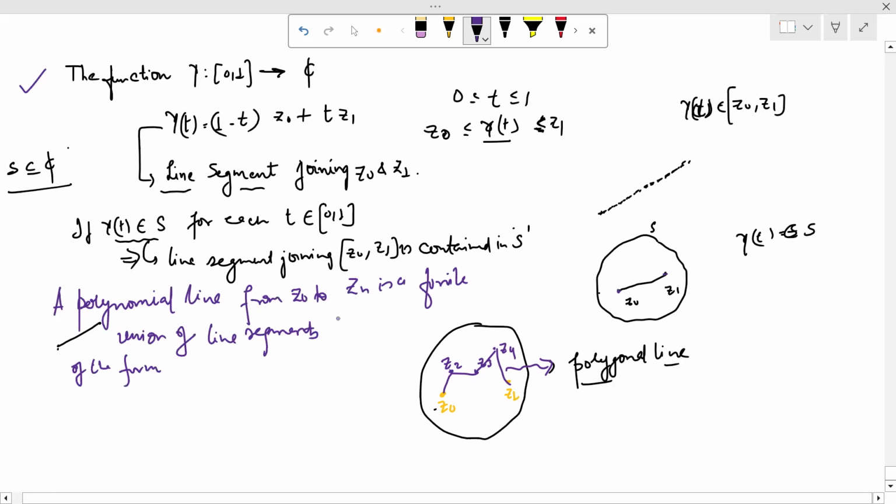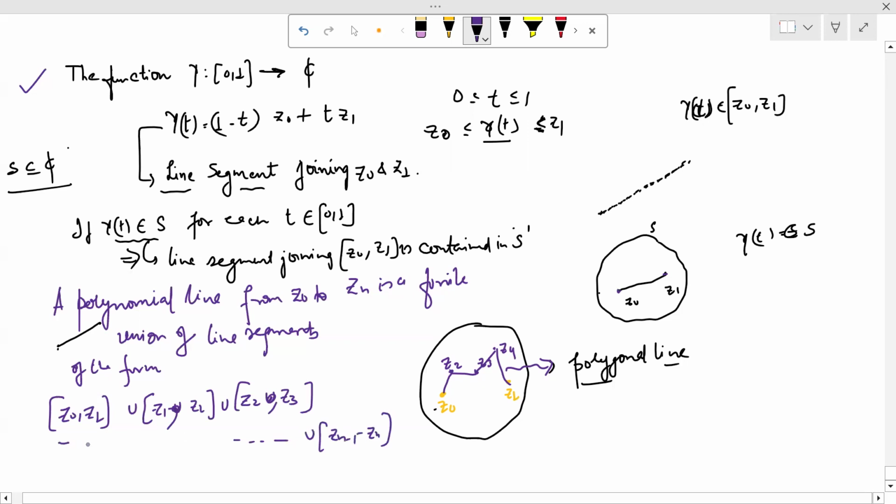So if I want to go from Z0 to Zn, I can stop at some points. Let's say I stopped at Z1, then I'll take a union. I'll take from Z1 to Z2, then union Z2 to Z3, and so on, up to the union of Zn minus 1 to Zn.